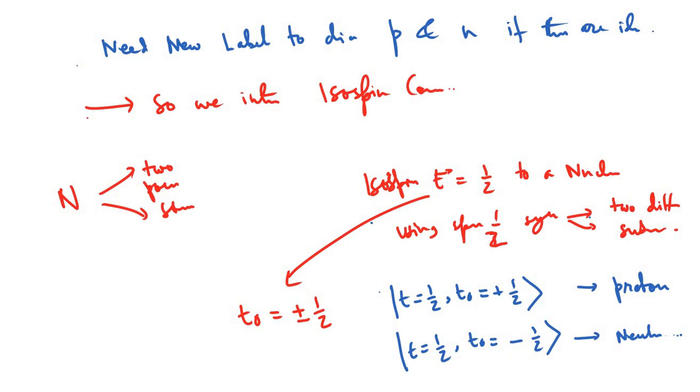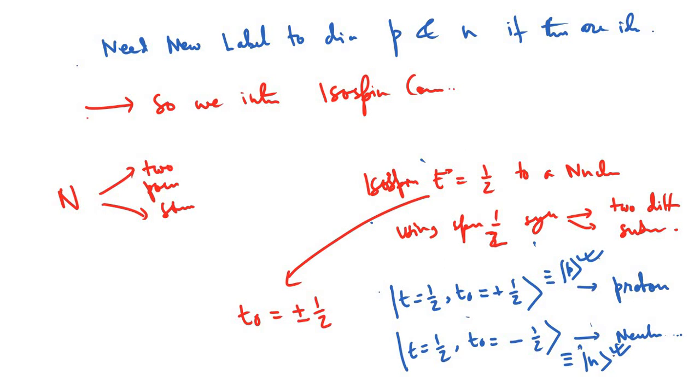Okay, and this we write like this. So this is basically the proton and this is basically the neutron, where this P and this N represent the wave functions of proton and neutron.